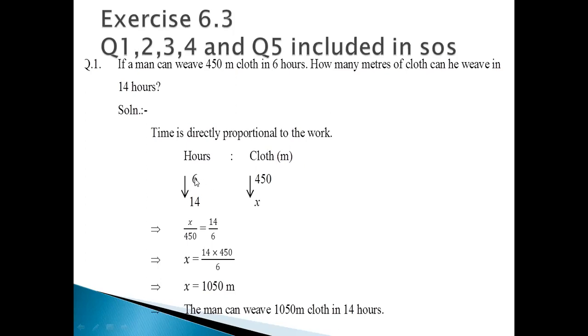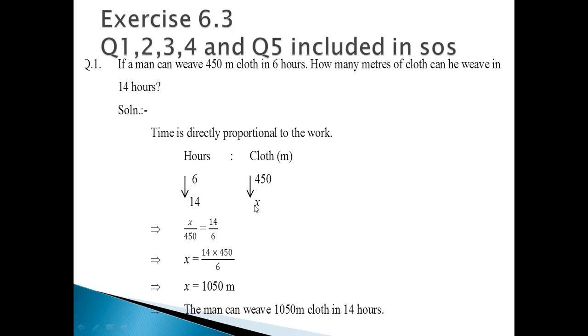For 6 hours, 450 meters. For 14 hours, you don't know the meters, so you put X. Let the unknown value be X. Again, direct proportion. The number of hours increases, the number of meters automatically increases. So the arrowhead will go from smaller to greater.